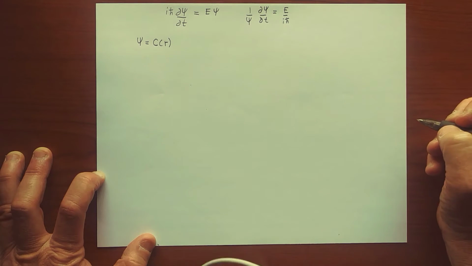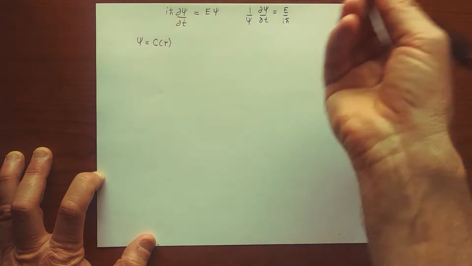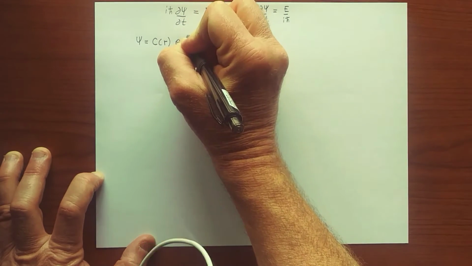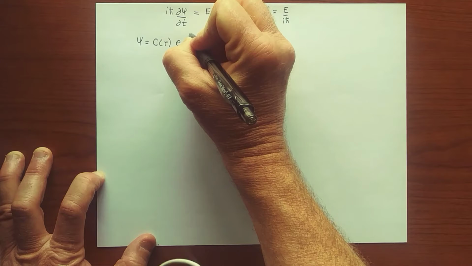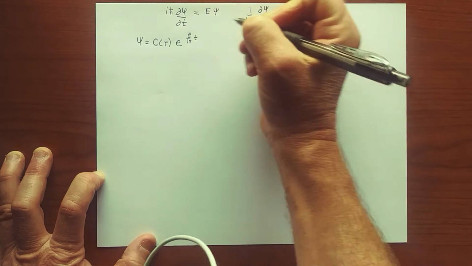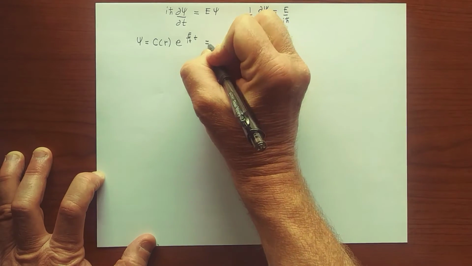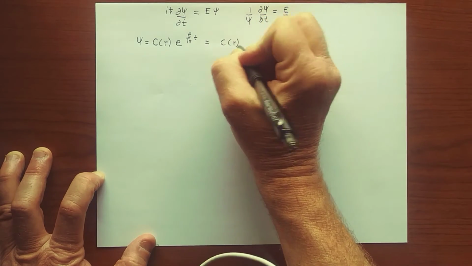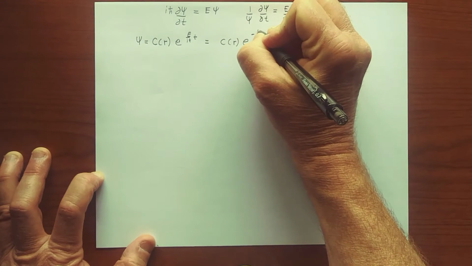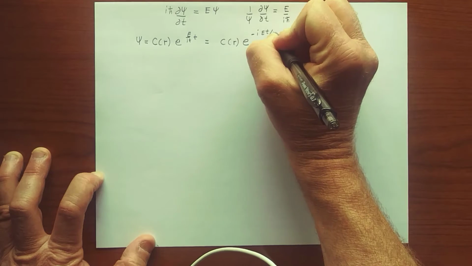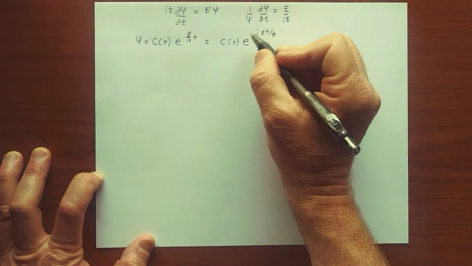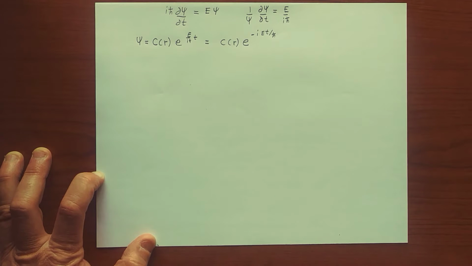That of course is the e to the i k r part, which we can't recover from this, but we do recover e to the minus i over h bar E t, or let's write that in a more familiar way with a minus sign at the top. It looks like that. So we can recover the time part, but not the spatial part.